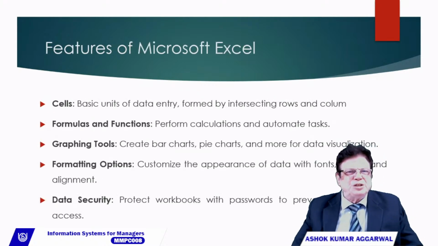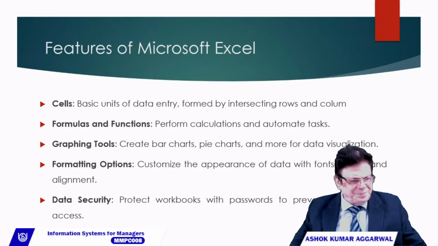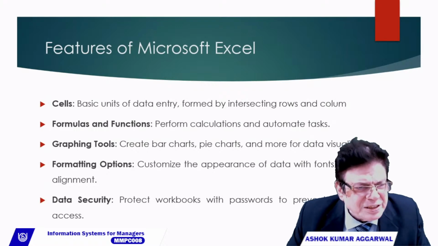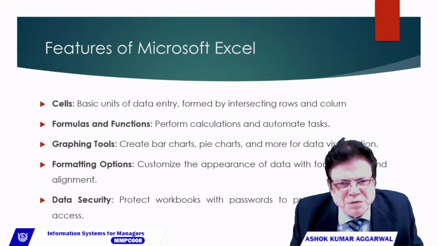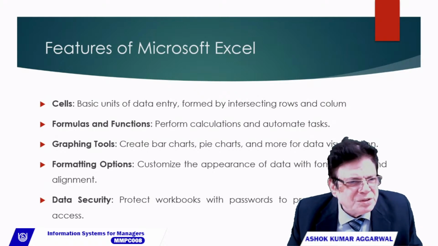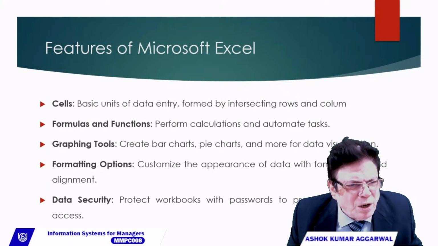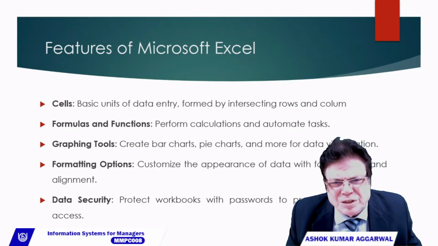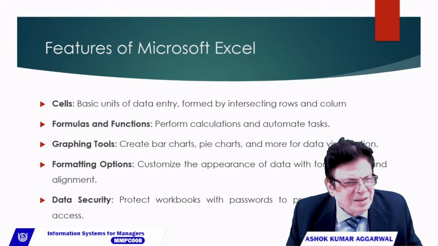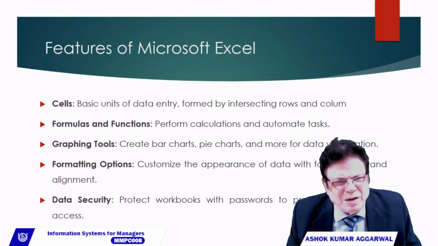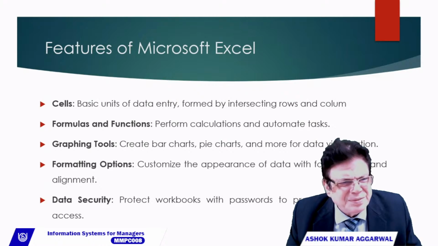Now, next is features of Microsoft Excel. First feature is cells, basic units of data entry found by intersecting rows and columns. Second feature is formulas and functions, which perform calculations and automate tasks. Third is graphing tools, which create bar charts, pie charts, and more for data visualization.